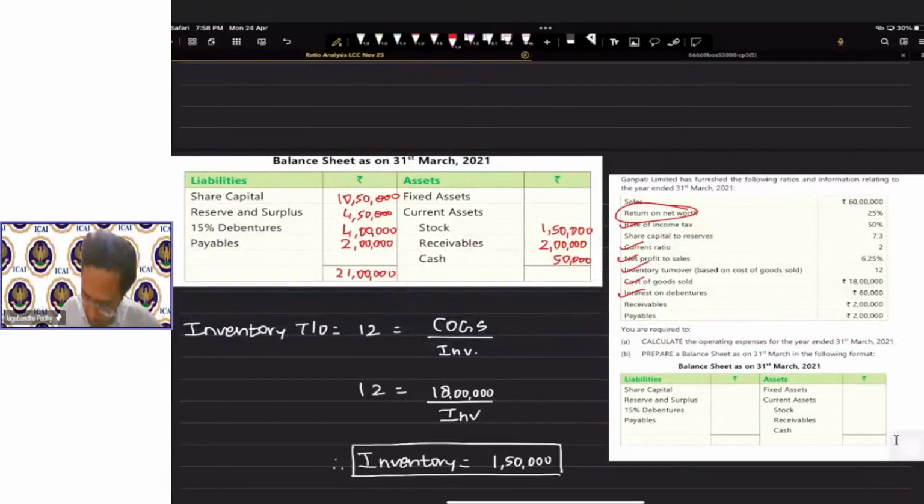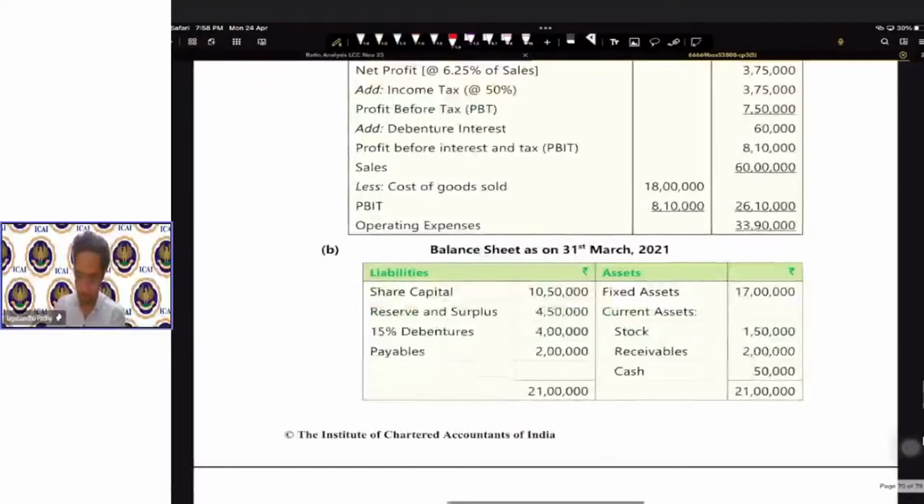So probably 17 lakh worth of fixed assets should be there. Right? Is it right? Just verify from the solution. Yeah.